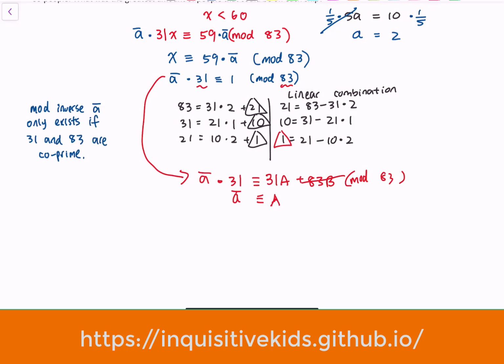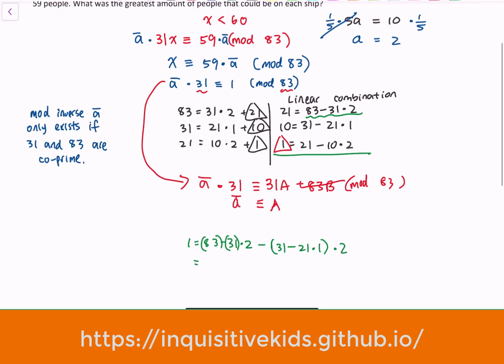1, we're going to start from this equation, is equal to 21 minus 10 times 2. 21 can be directly rewritten as 83 minus 31 times 2. And let's put parentheses around the 31s and the 83s to keep it clear. Minus 10 times 2. 10 can be rewritten as 31 minus 21 times 1 times 2.